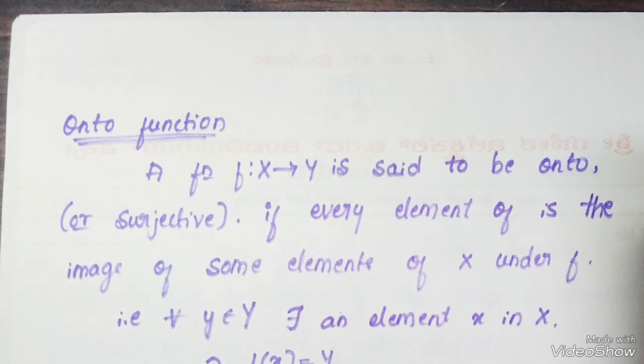Here a function f from X to Y is said to be onto if every element of Y is the image of some element of X under f.